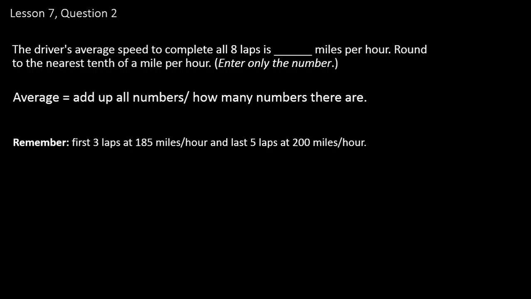And also remember, we were told that the first 3 laps were at 185 miles an hour and the last 5 laps were at 200 miles an hour. So I'll warn you now that it is not correct simply to take the average of 185 and 200 and divide by 2, because he spent more time traveling at 200 miles per hour than he did at 185.